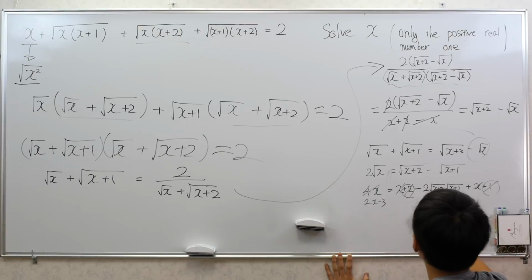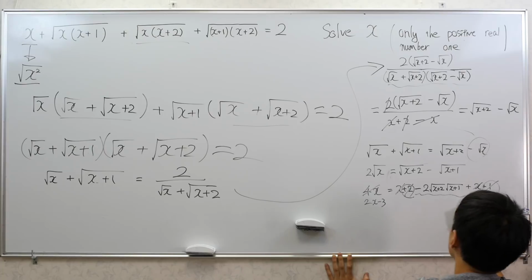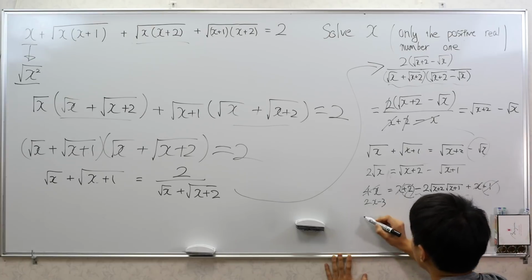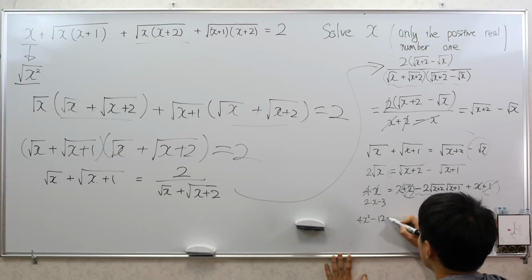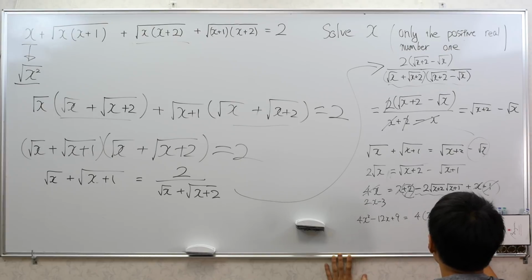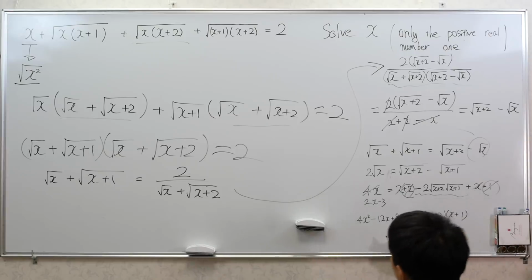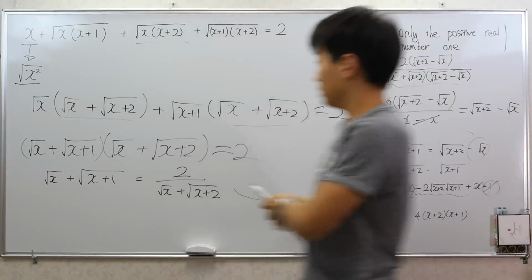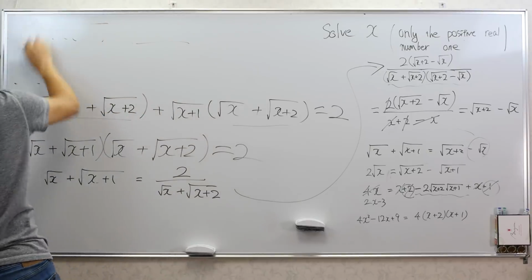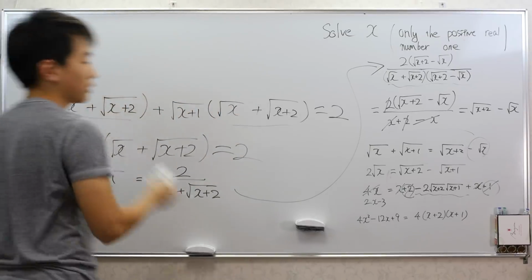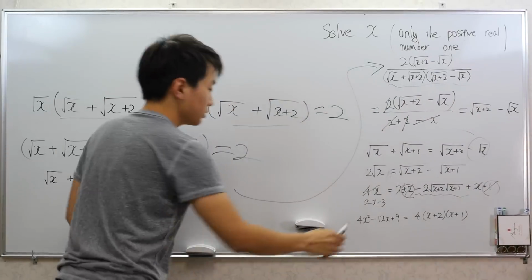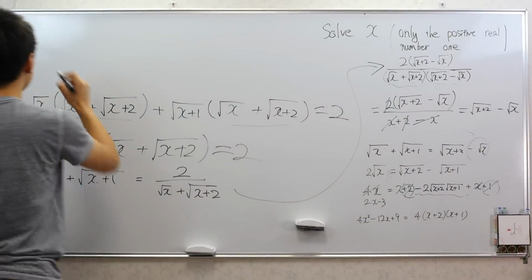So what you're left with is minus 2 times the square root of x plus 2 times x plus 1 on this end. So you square both sides again, which would make 4x squared minus 12x plus 9 equals 4 times x plus 2 times x plus 1. Let me go back to this side and resolve the parentheses.